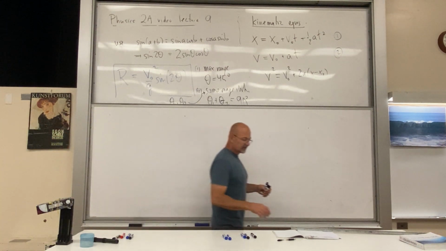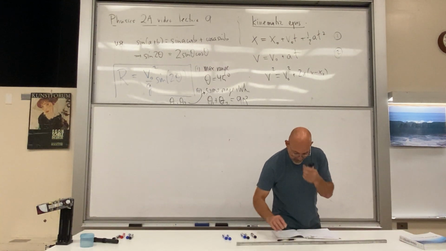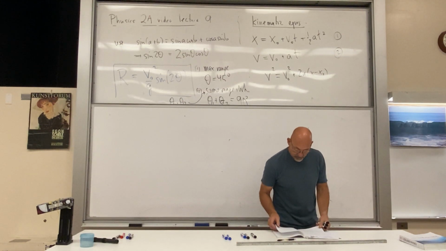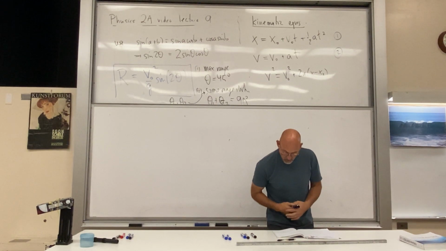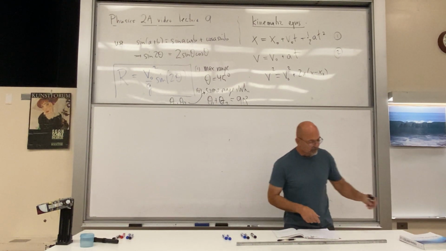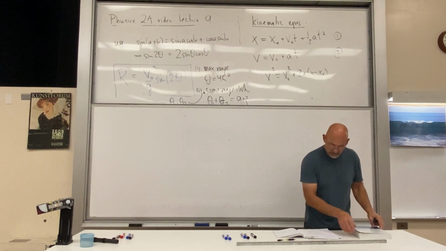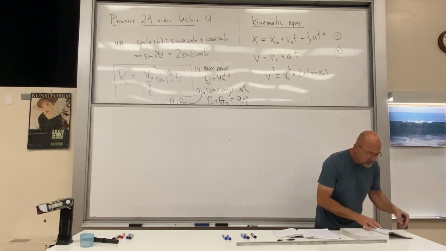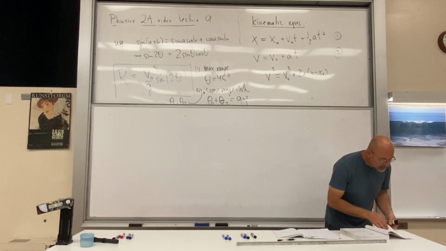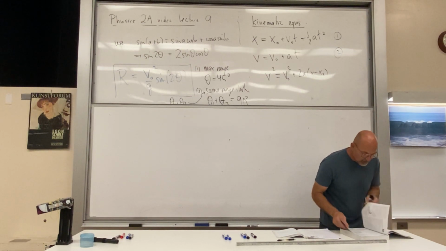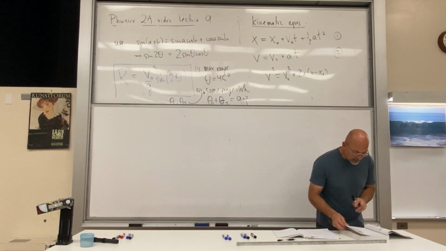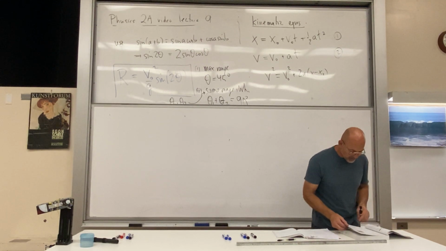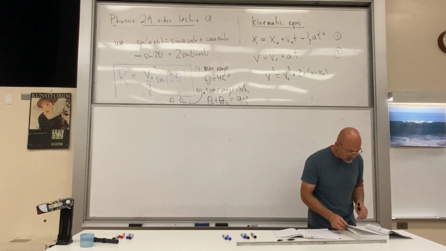Good, so we had some on the homework, a couple more problems I had wanted to talk about. Problem 7 in chapter 3 was the complete horizontal throw.